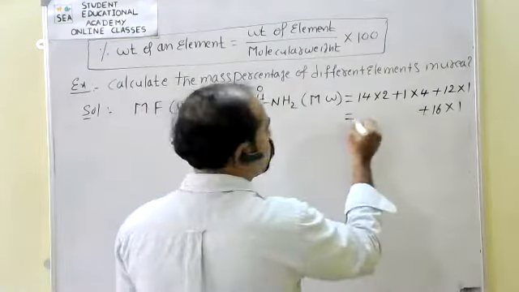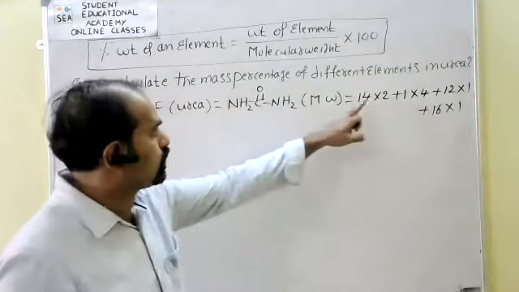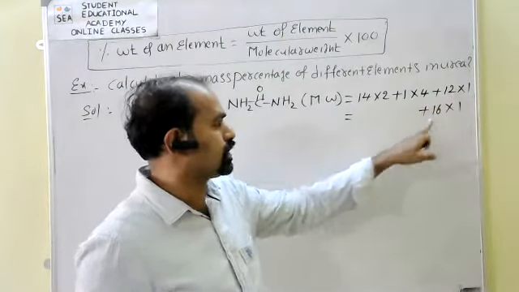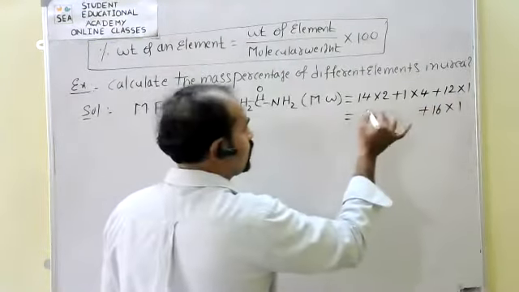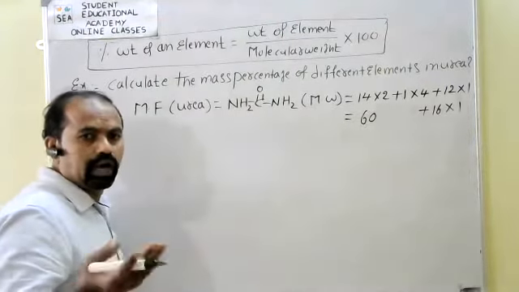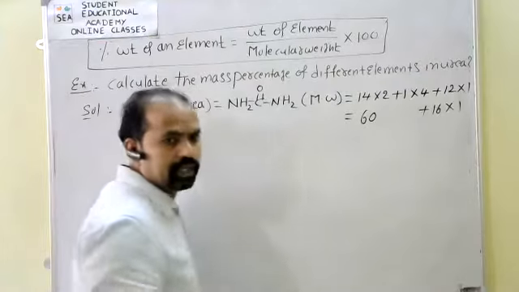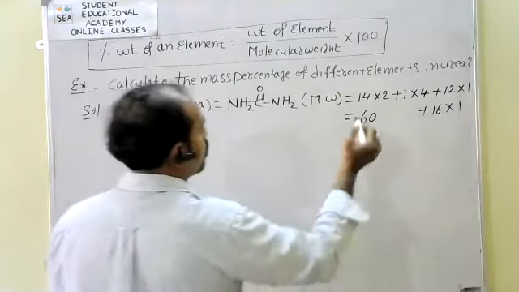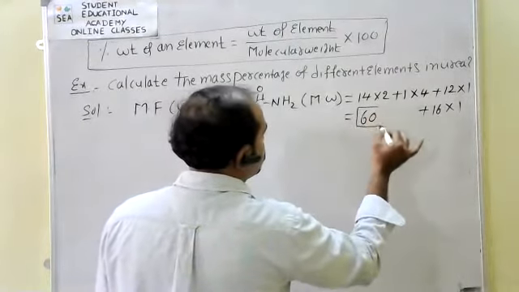That equals 28 plus 4 is 32, 32 plus 12 plus 16, total 60. With respect to gram molecular mass, that is 60 gram per mole. This is the molecular mass of urea, 60.